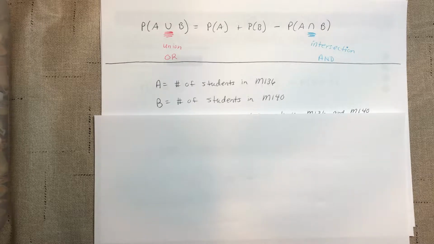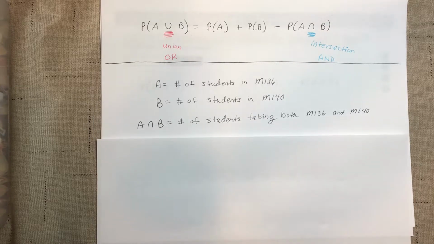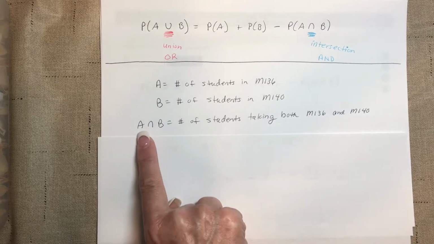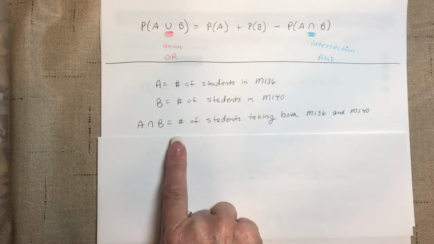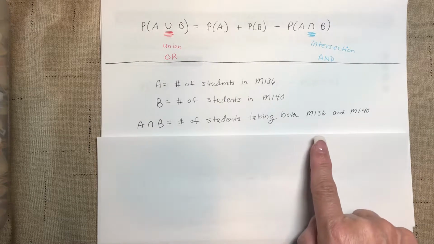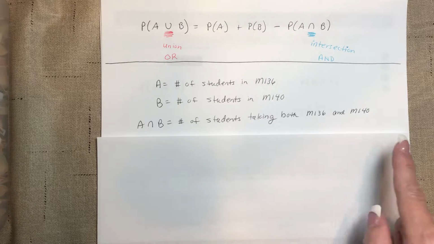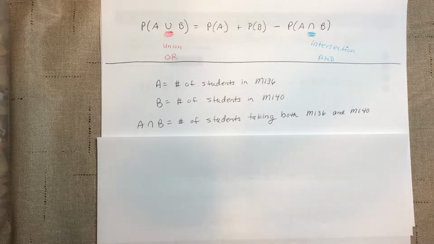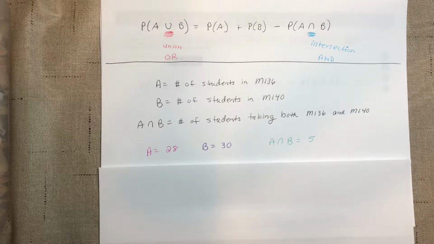And so B is the number of students in that class. But let's say there are some crazy students who decide that they just love math and want to take two classes at the same time. So the intersection of A and B would be the number of students taking both 136 and 140 in the same term.